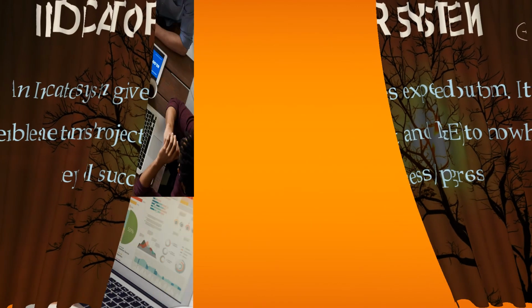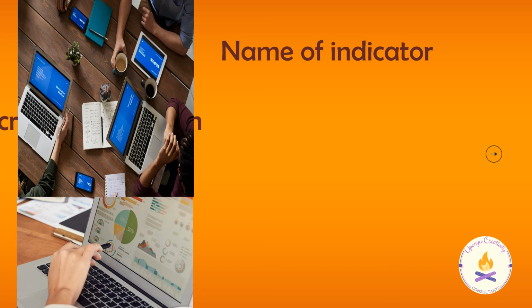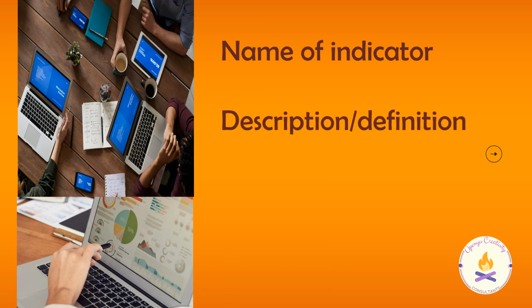The indicator system must name what the indicator is. So if it's a house painted, then that's the indicator, or house painted to this color. It might be painted, but that's not the right color, therefore the indicator is not being met. It should be descriptive.